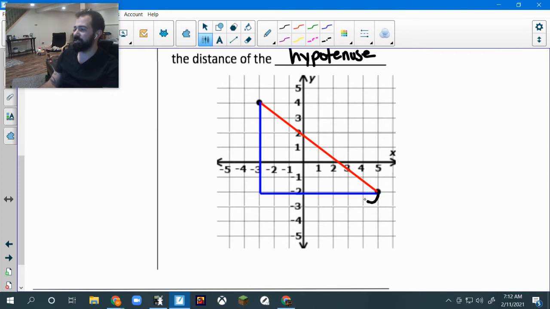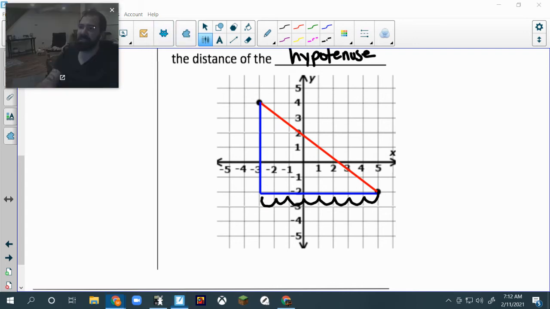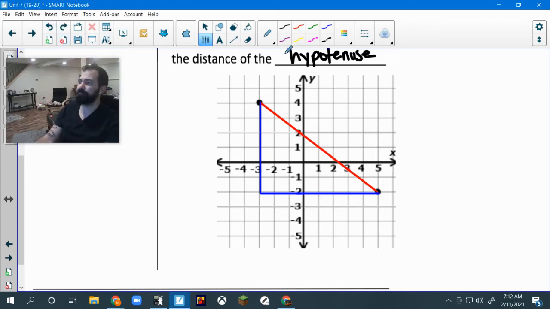So we're going to say from here is 1, 2, 3, 4, 5, 6, 7, and 8. So our distance for this problem is 8 units for the change in x. And I can move that over here. Change in x equals 8.